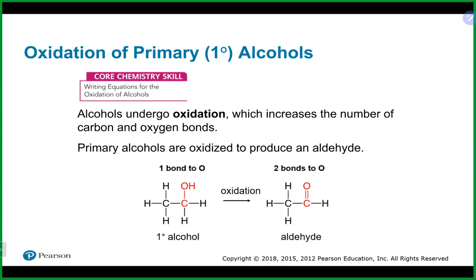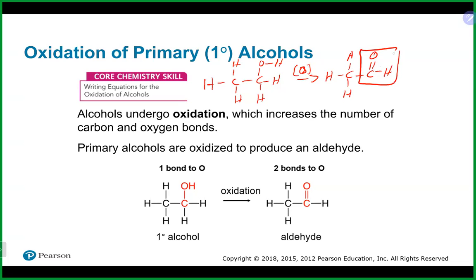In addition to starting with our primary alcohol that goes through that oxidation reaction where we lose 2 hydrogens and make our aldehyde, which is the functional group here, you could actually oxidize the aldehyde one more time. You could take it one more step past the aldehyde.